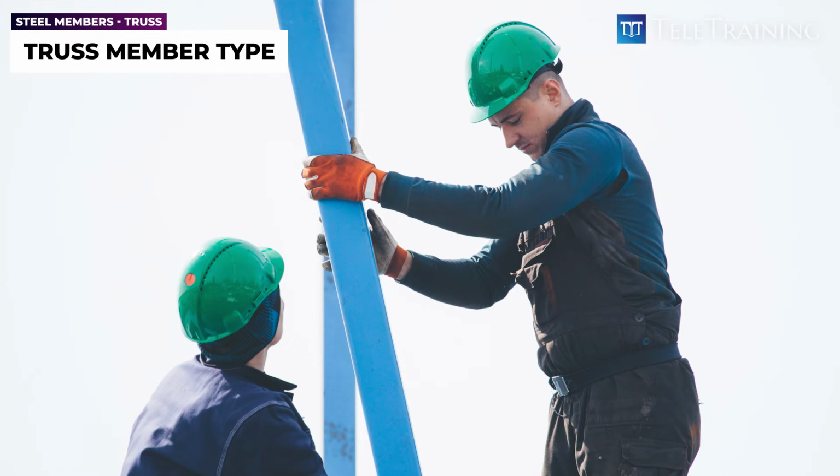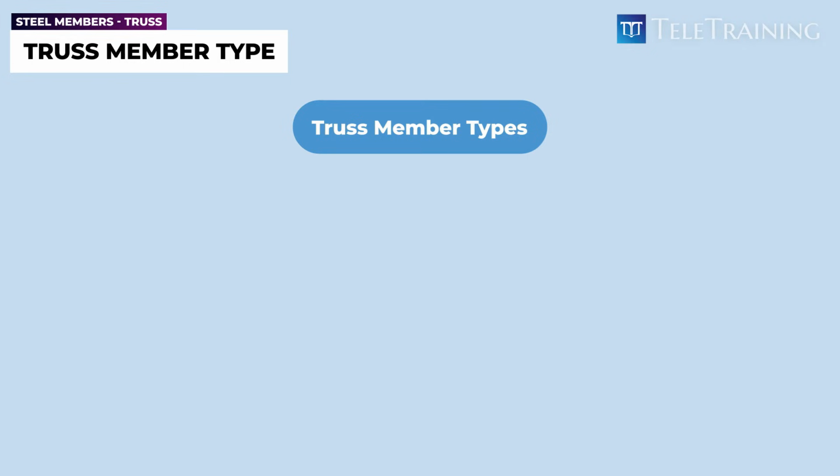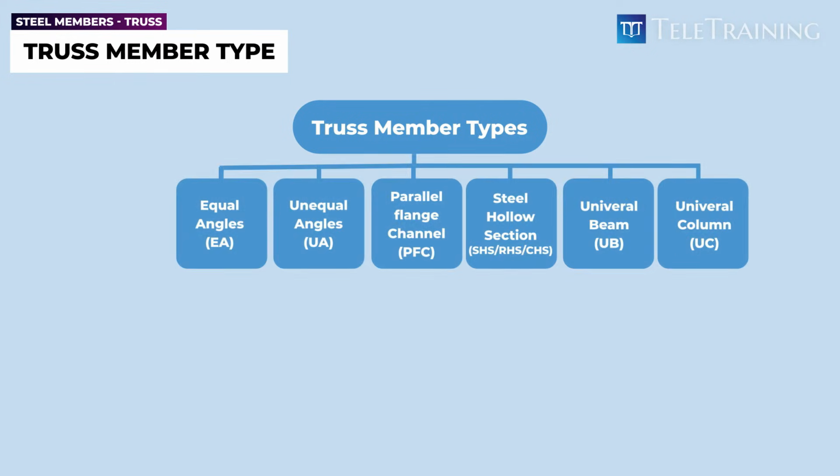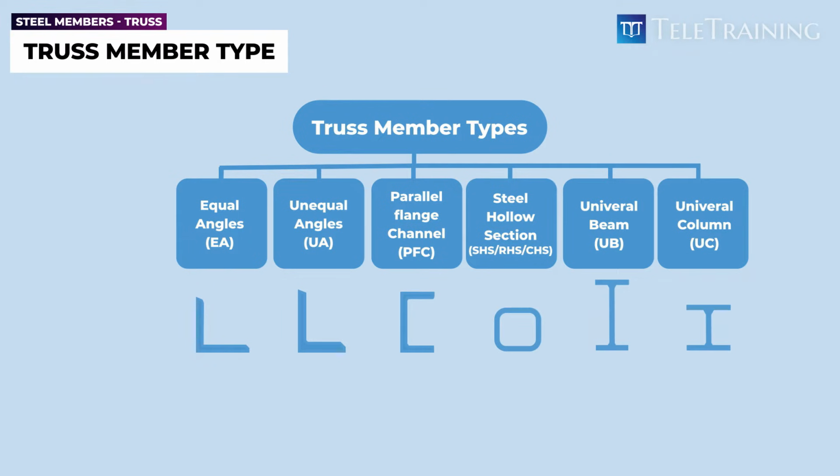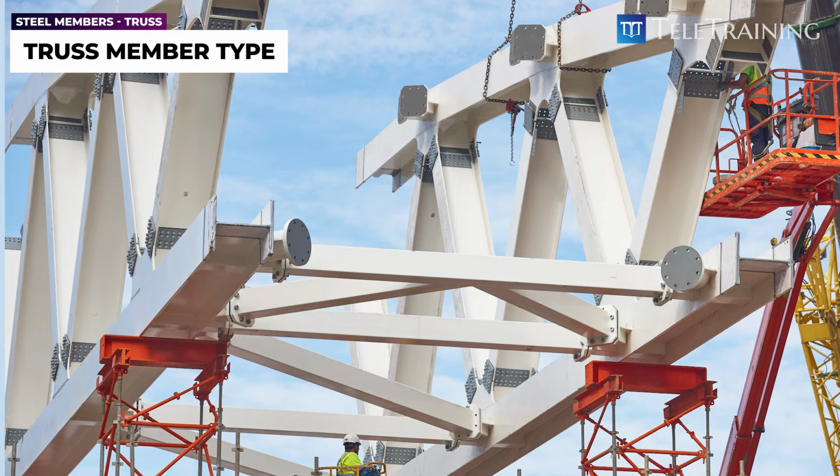The next question you may ask is, what types of members are used in trusses? Similar to braces, there is a wide variety of steel members used to create trusses, ranging from single equal angles to heavier members like universal beams or columns, especially where members experience significant loads.